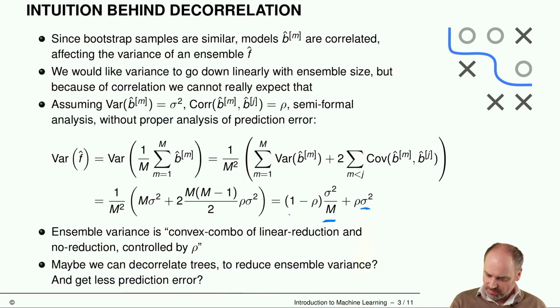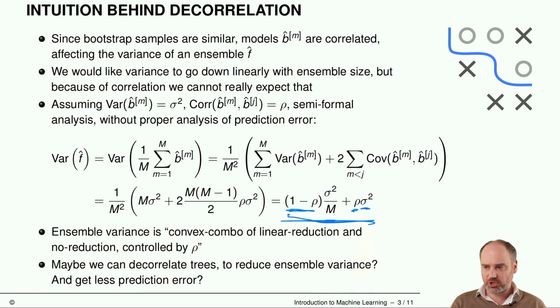Now, this formula tells us that between this zero reduction in variance and this optimal linear reduction in variance, what we get is a convex combination of the two. You can see the convex combination here by 1 minus rho here and having the rho there. And this convex combination is controlled by the correlation between pairs of models, of random variables.